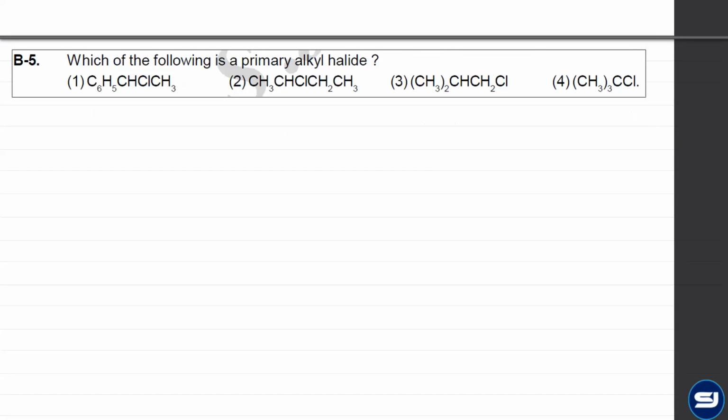Next, which of the following is a primary alkyl halide? Now, to understand this, I'll give you a brief overview about organic compounds. Organic compounds are simply defined as derivatives of hydrocarbons. If I consider a hydrocarbon alkane, it's represented with molecular formula CnH2n+2.